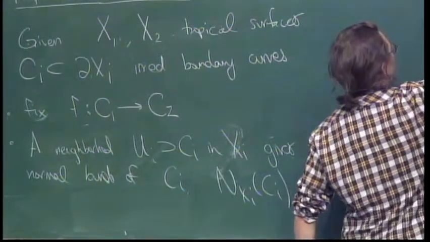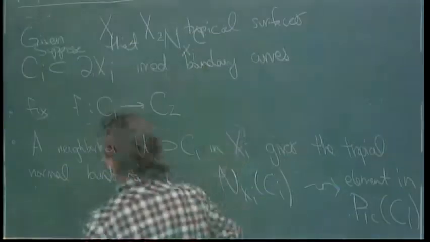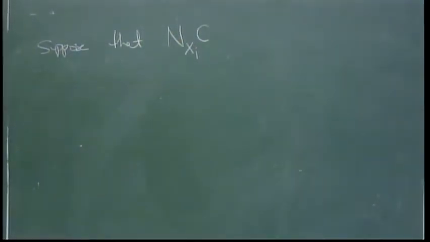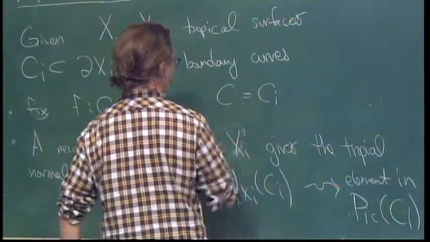So we need to suppose that these are in this Picard group of my curve. Let me call it just C, since it's the same as C_i.